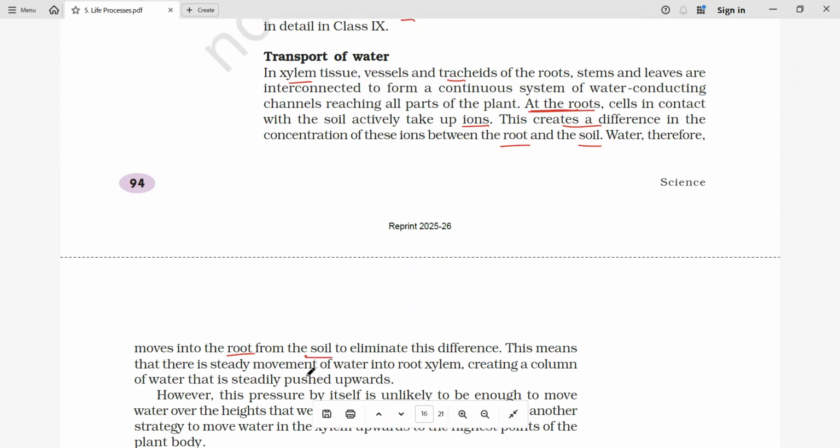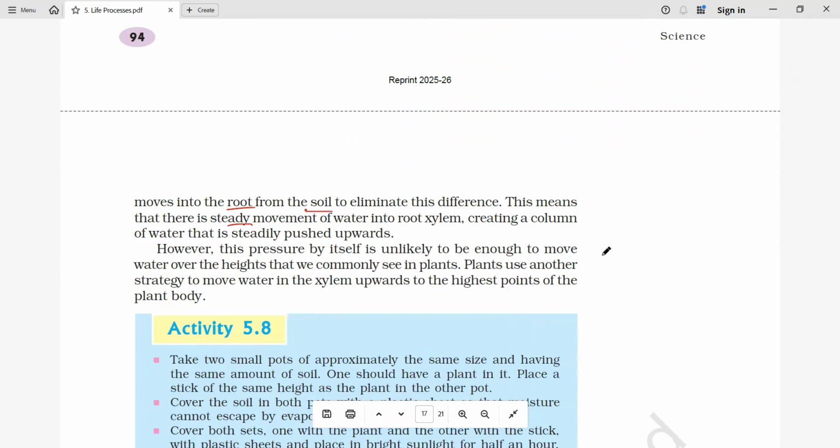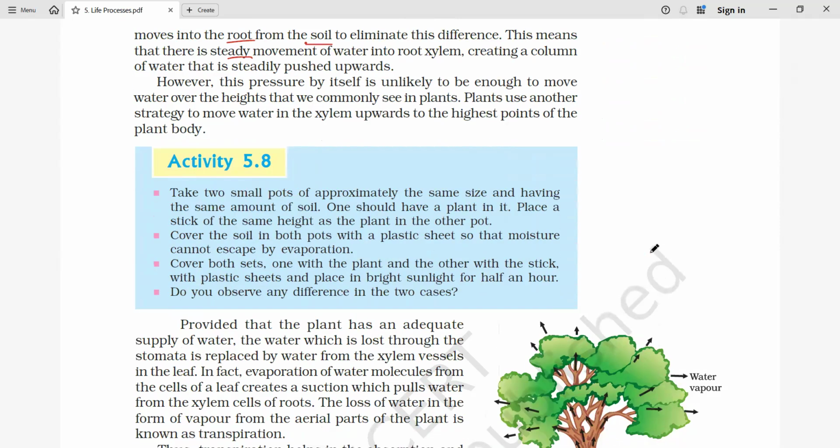Okay, so due to this only flow of water takes place from the soil to roots. So there is the steady movement of water into the root through the xylem. Okay, and we have column of the waters that is going to be pushed upwards.